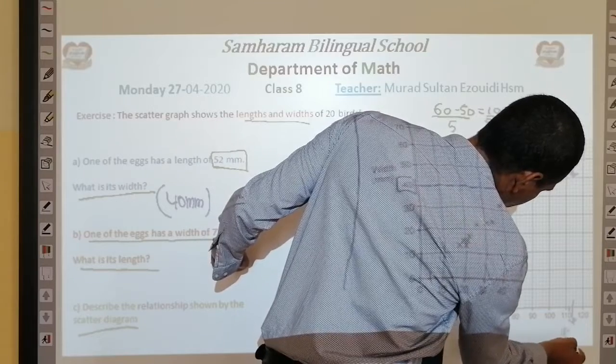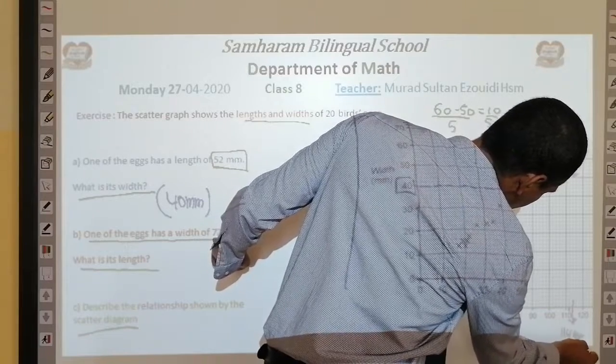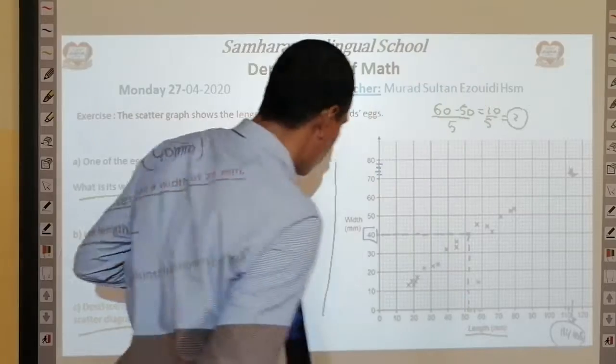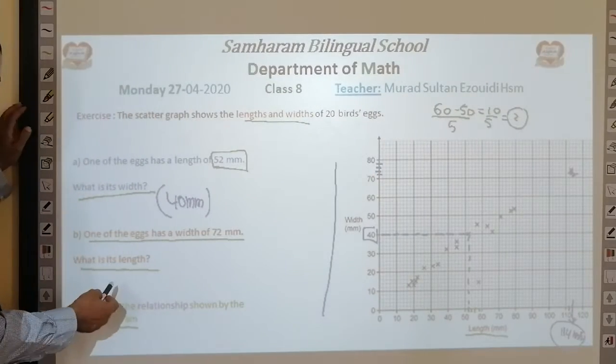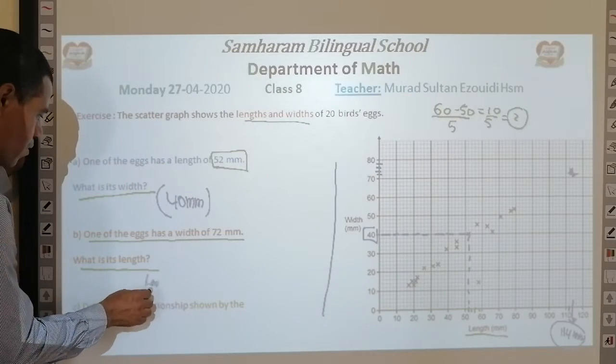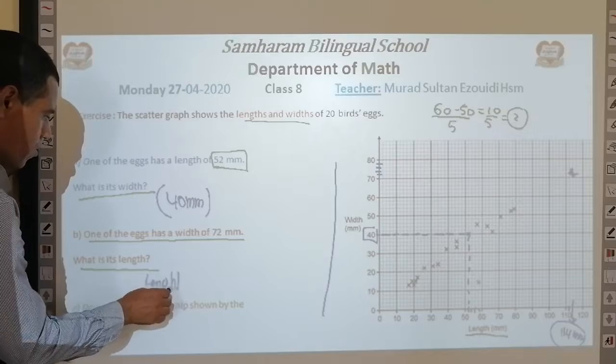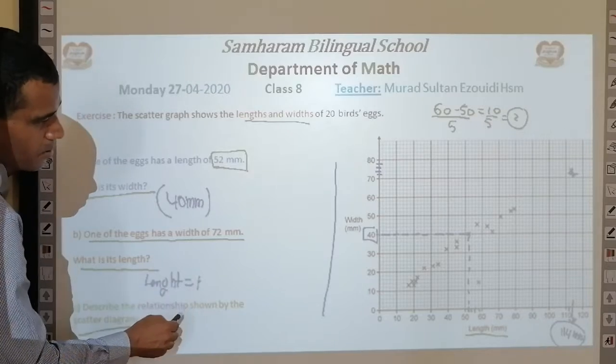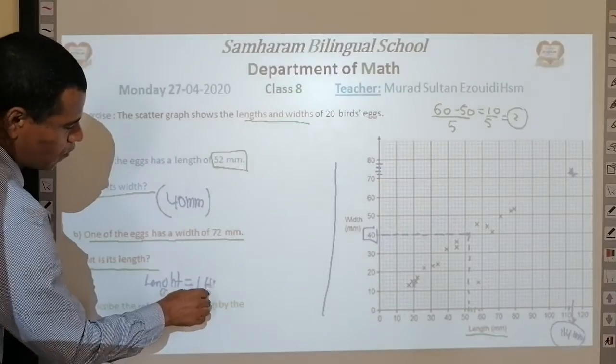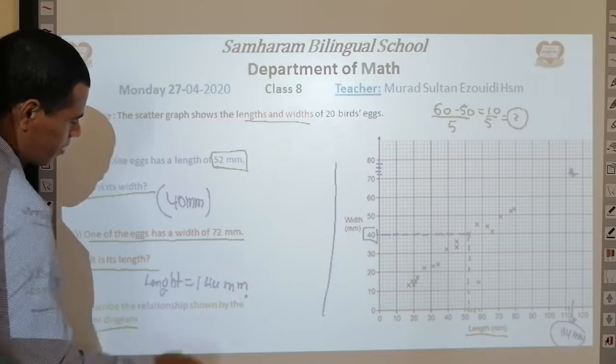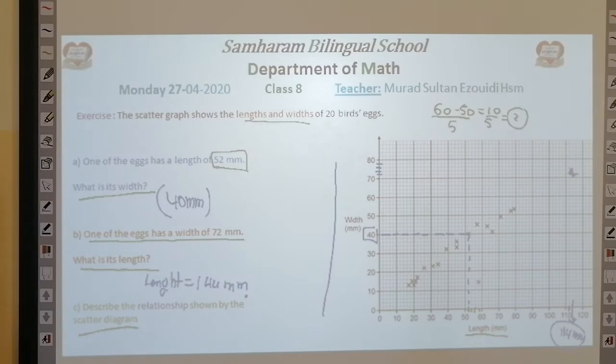So the answer should be here. The length is equal to 114 millimeters. Describe the relationship shown by the scatter diagram.